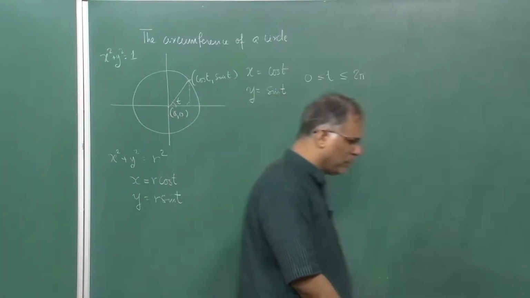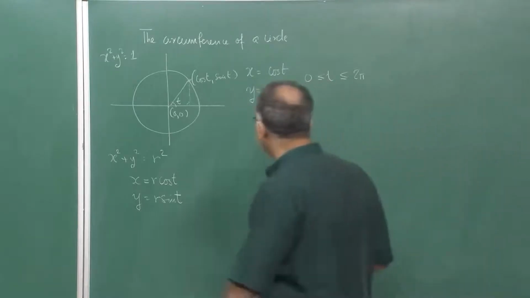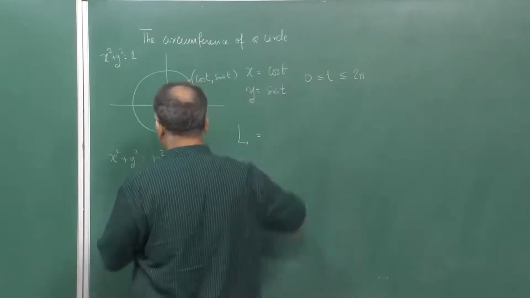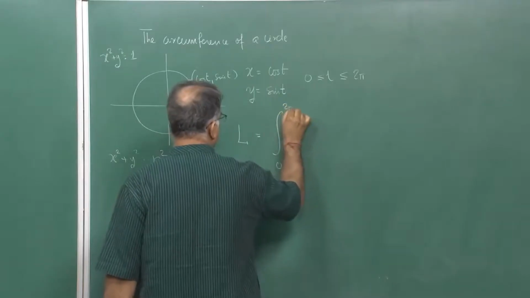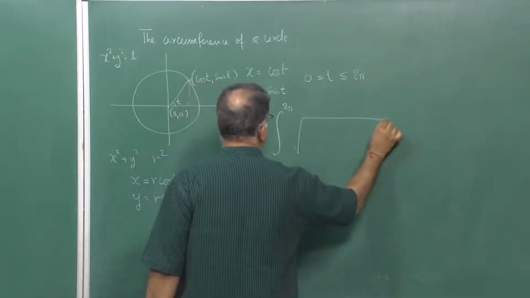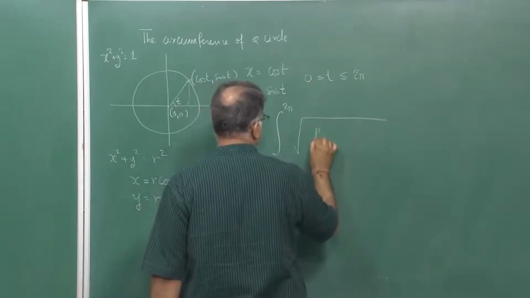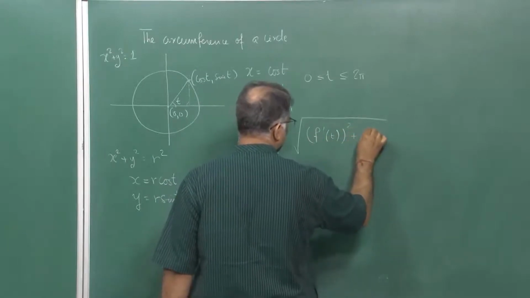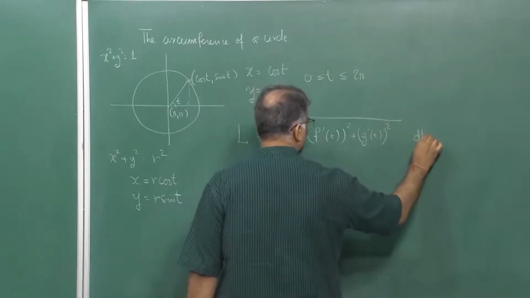So, how do I compute the circumference of this? For that, you now have to use the same formula. I am just doing this particular case, case 1, for r you can know what the answer is. The length is the integral from 0 to 2 pi of the root over f dash t whole square plus g dash t whole square dt.